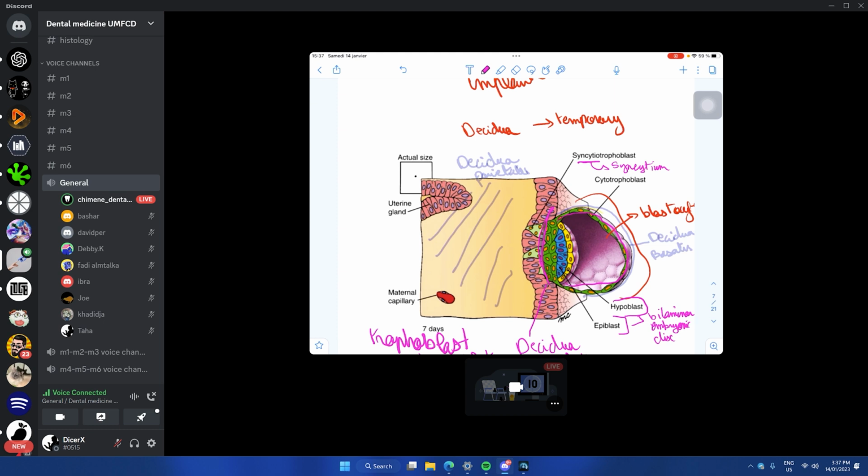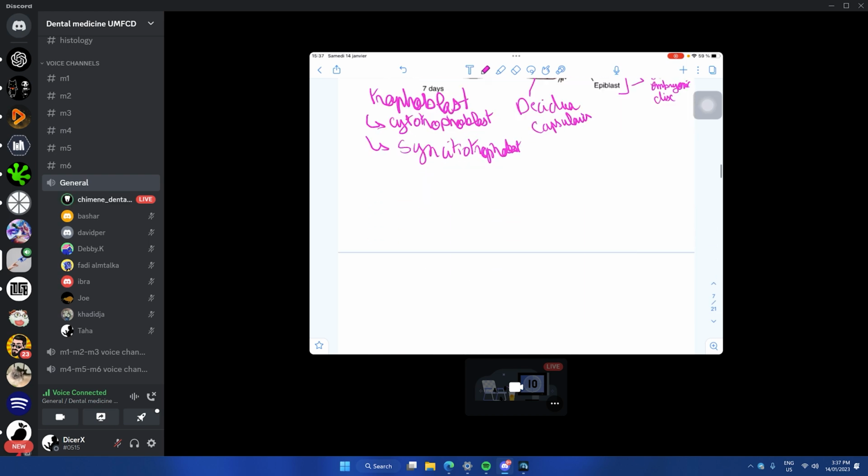Those syncytium will become multinucleated, which means they have a lot of nuclei in them. But the main idea you have to tell your professor is that the syncytium will form irregular shapes of cells, and will look like this on day 8.